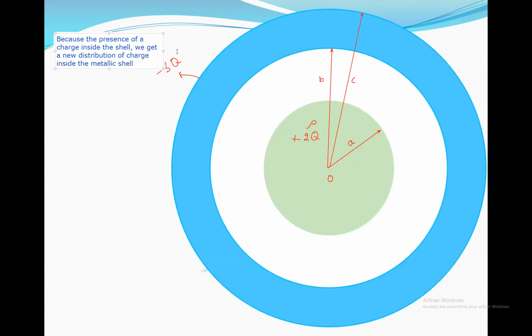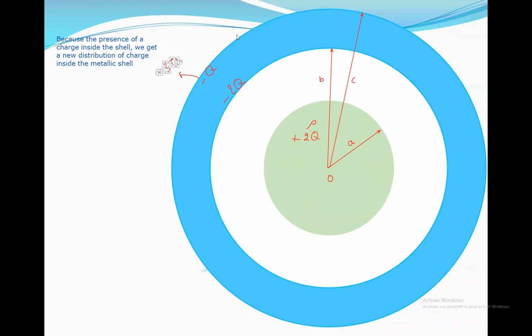Okay, what is the new distribution of the charge? Here we have plus 2q, which will attract minus 2q to the inner surface of the shell. The total is minus 3q. Here we have minus 2q. So at the outer surface, we have minus q to get a total of minus 3q.